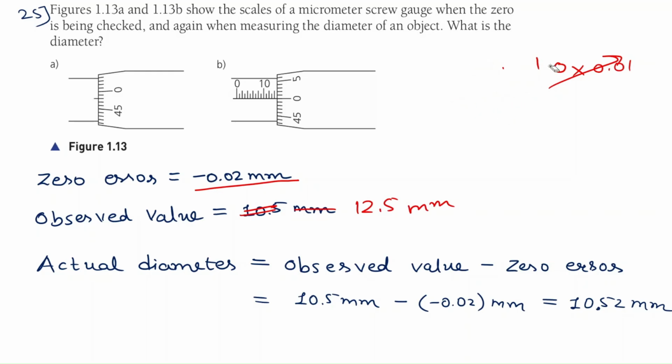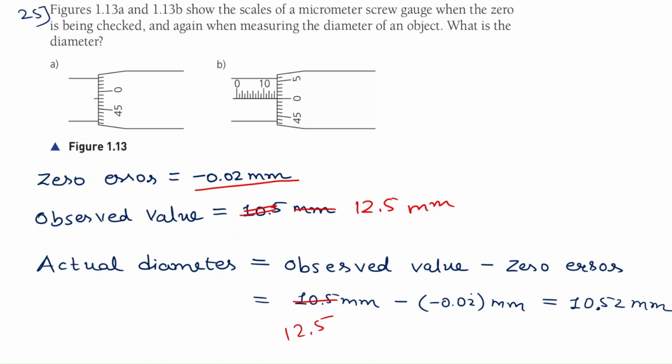Now, is that the actual diameter? No, it is not, because it has some zero error, a negative error. So you have to subtract it from 12.5 here, and the actual value is negative, okay?